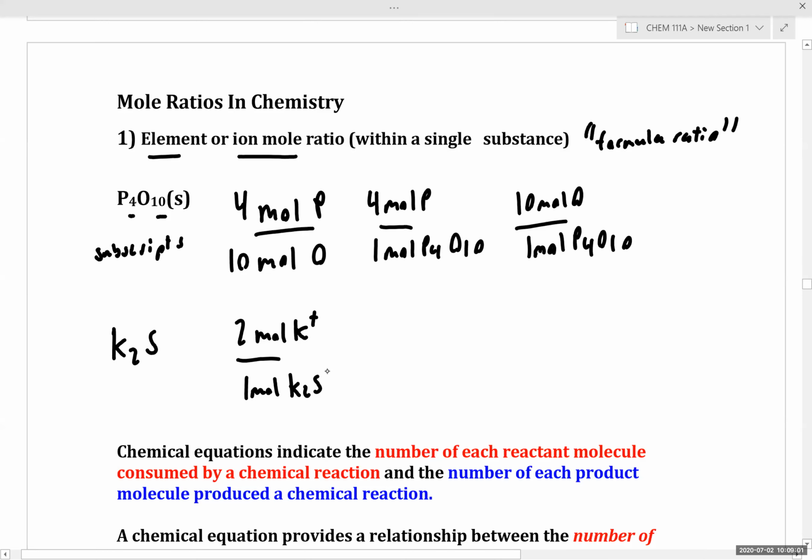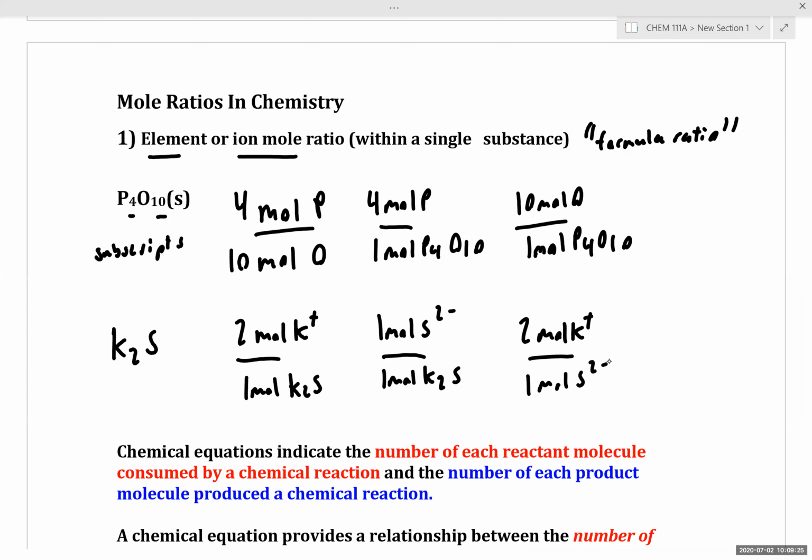This time we're looking at an ion ratio. We also know we have 1 mole of sulfide for every 1 mole of potassium sulfide. And then to finish off our mole-to-mole ratios, we know that we have 2 moles of potassium for every 1 mole of sulfide. Wonderful.